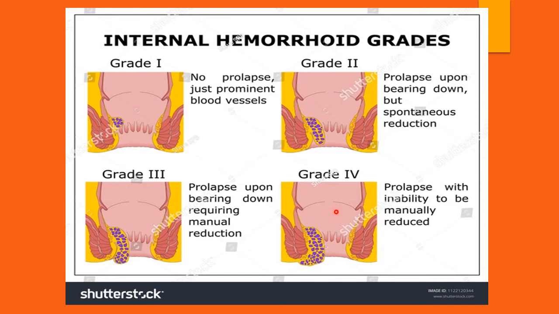In grade 4 or the fourth degree is prolapse on defecation or on bearing down and unable to be manually reduced. And the prolapsed mass remains permanently outside, fail to be reduced manually. So these are the four categories or grades of hemorrhoids, which are important as the treatment depends on these grades.